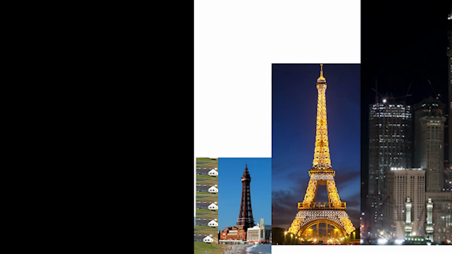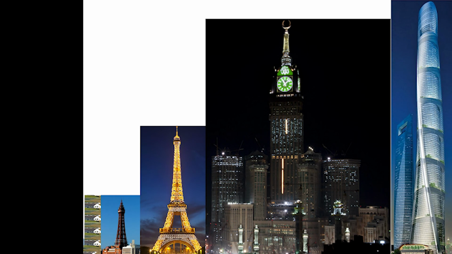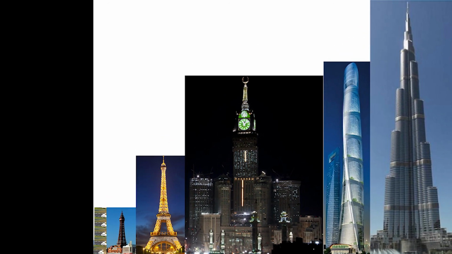So we move on to the Makkah Royal Clock Tower at 601 meters high, and that is still not high enough. So we go to the Shanghai Tower, 632 meters high, and that is not high enough. Finally, we go to the highest building in the world, the Burj Khalifa, at 828 meters, and that is still not high enough for Anthony to see over the curve of the earth and see Ireland.